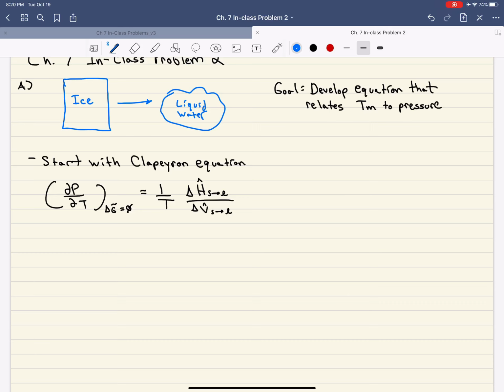Since we're dealing with the melting of solid ice to liquid water, this delta H solid to liquid corresponds to our enthalpy of melting. And for the purposes of this problem, since we're only given one value, we're just going to assume it's constant over the given temperature and pressure range.